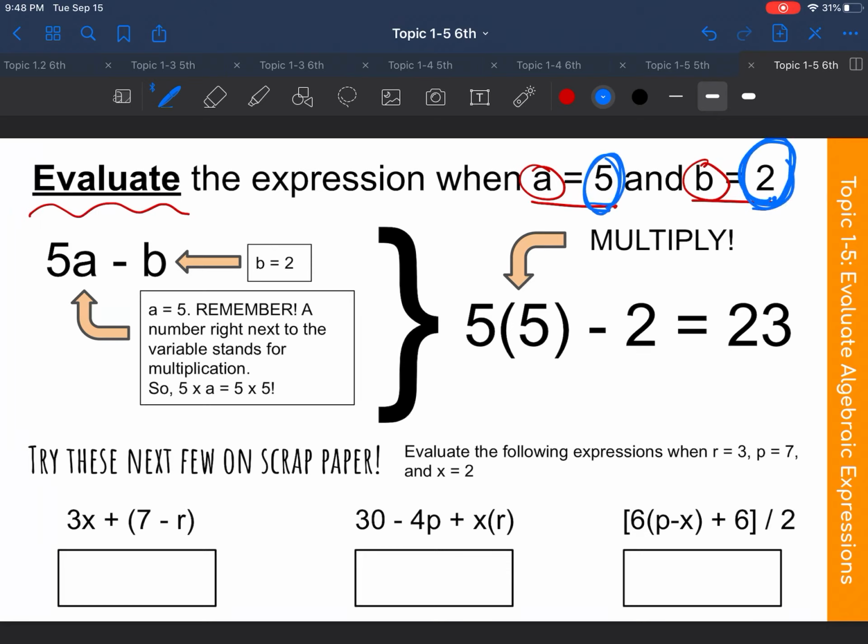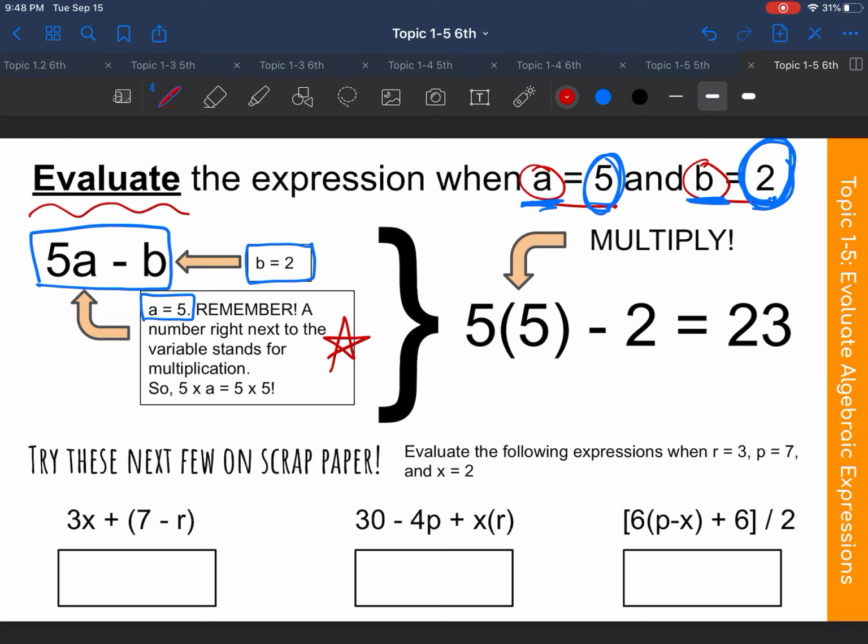So we can plug in 5 and 2 for their corresponding variables and solve. This is the expression that we're given, 5A minus B. We originally did not know A or B, so we couldn't do anything. But now they say B equals 2 and A equals 5.